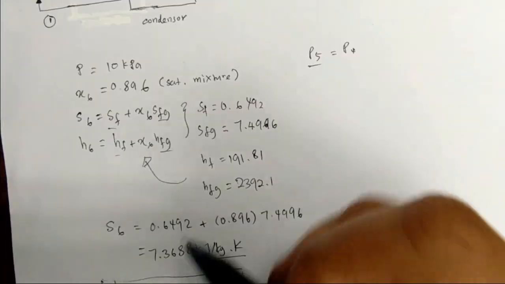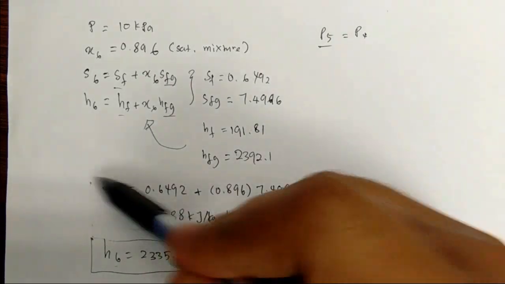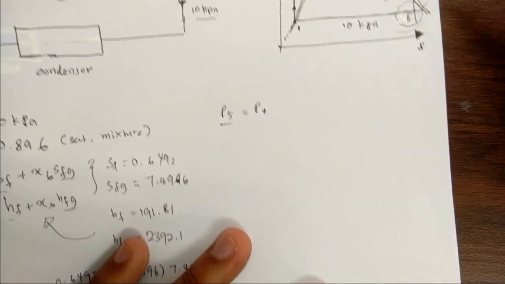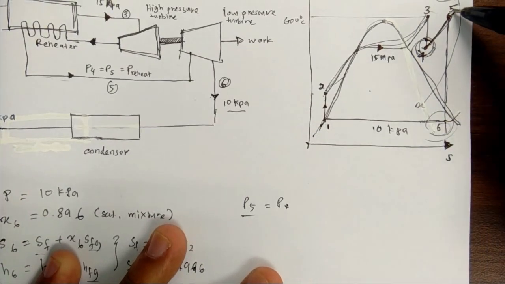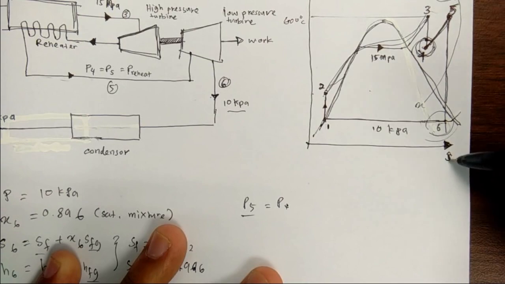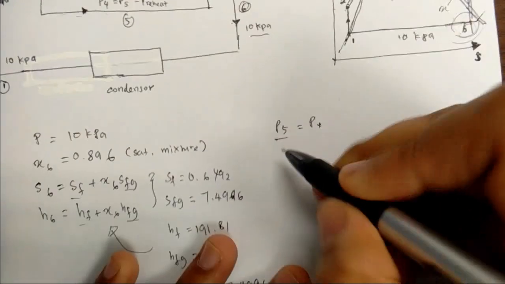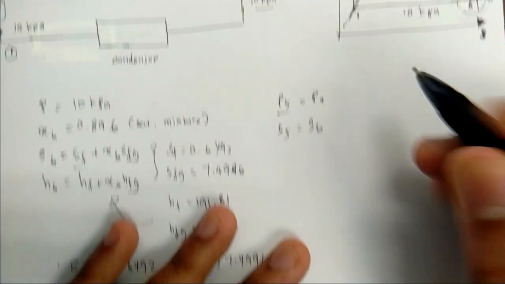Using the information here, if you look at this figure, the entropy for state 5 and 6 is constant, right? Which means that S5 is equal to S6.